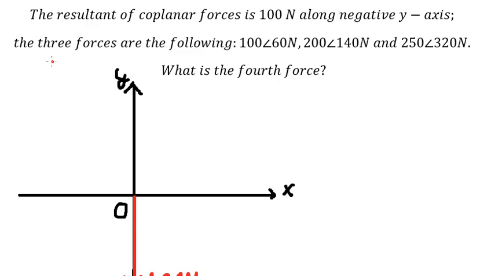Now, the next one, we have three forces. The first one, we have 100 newtons at the angle 60 degrees. So I will put this one in here. This is 100 newtons at the angle 60 degrees.